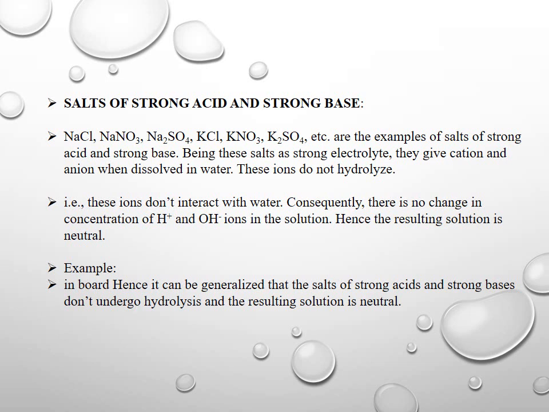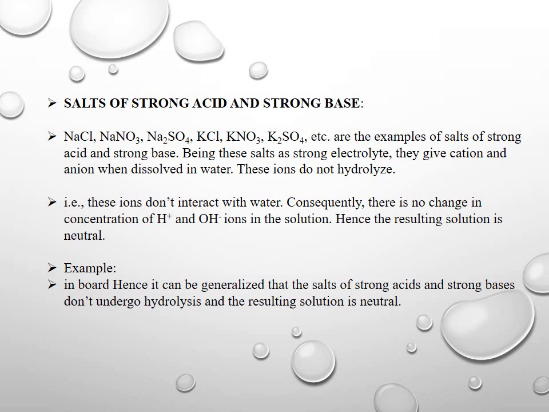Salts of strong acid and strong base: NaCl, NaNO3, Na2SO4, KCl, KNO3, K2SO4, etc. are examples of salts of strong acid and strong base. Being strong electrolytes, they give cation and anion when dissolved in water.